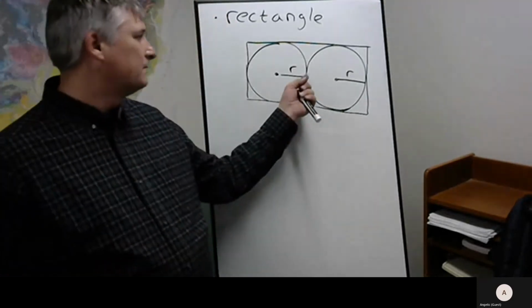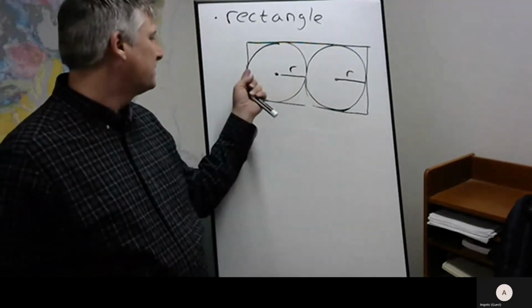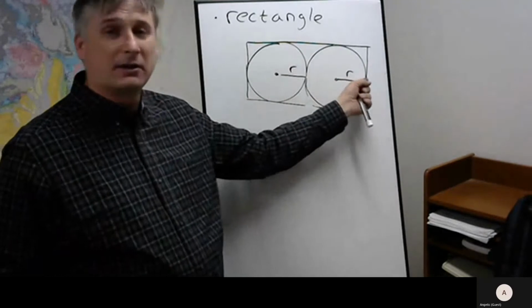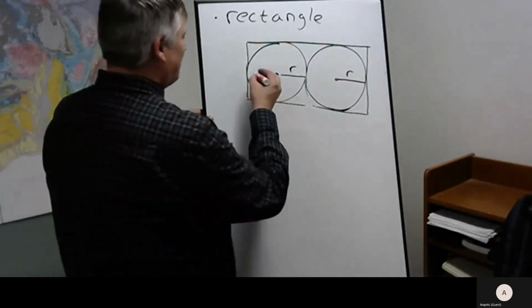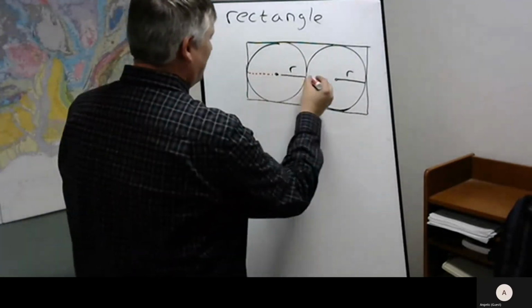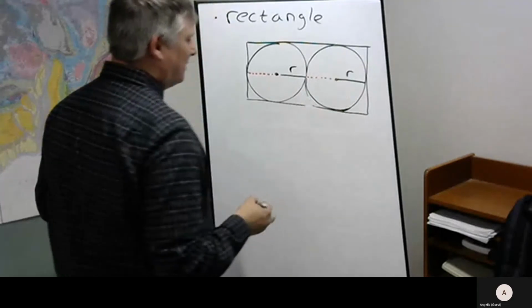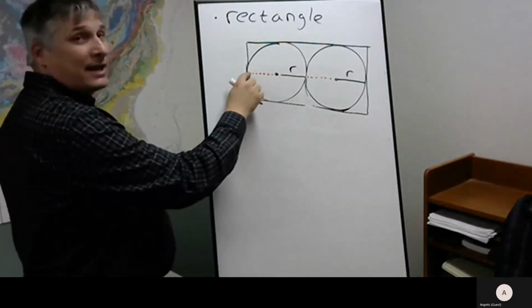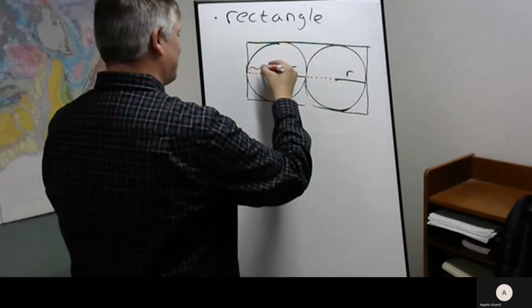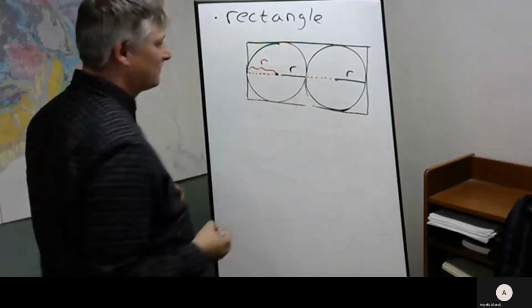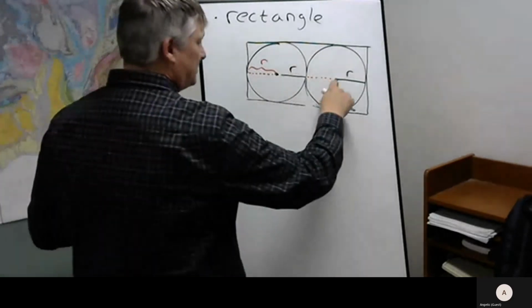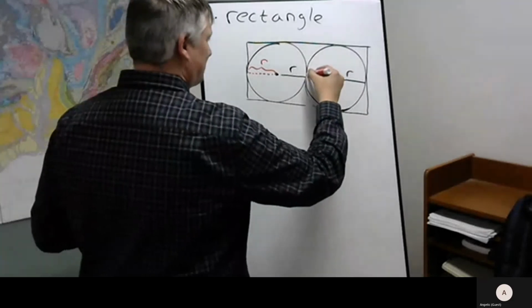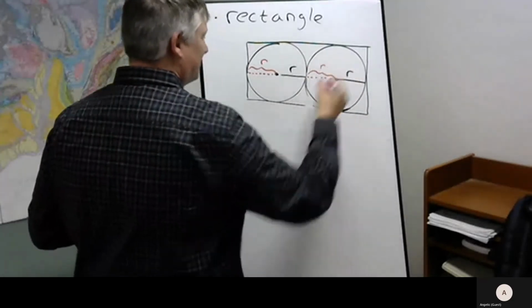Well, the circles contact the rectangle here and here. So this would also be a radius because it goes from the center to the edge. Same with this other one, center, edge.